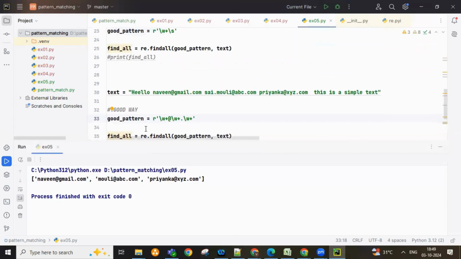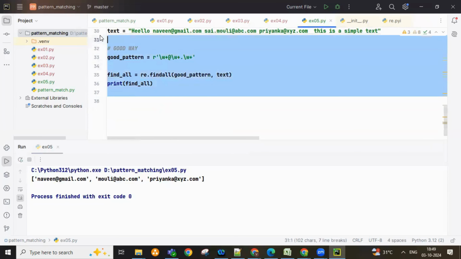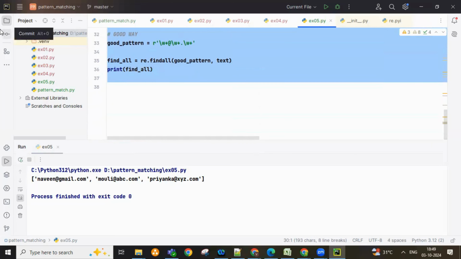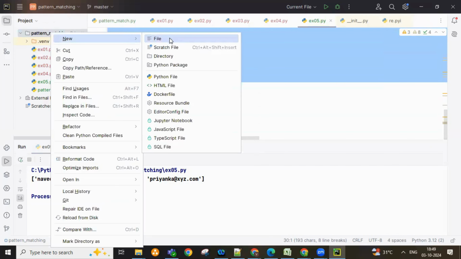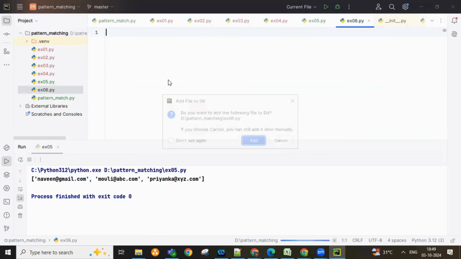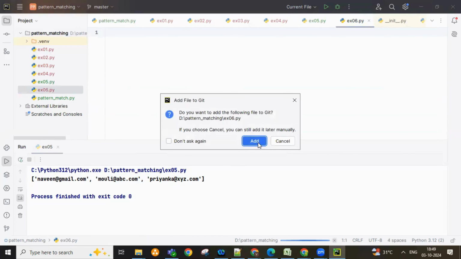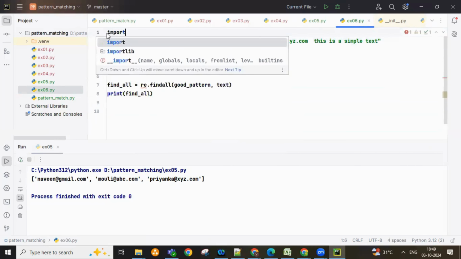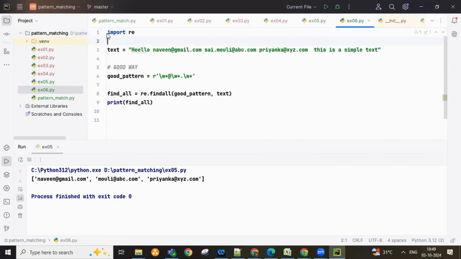Okay, one second. Let us take one more example. Example 06. Input RE, right?